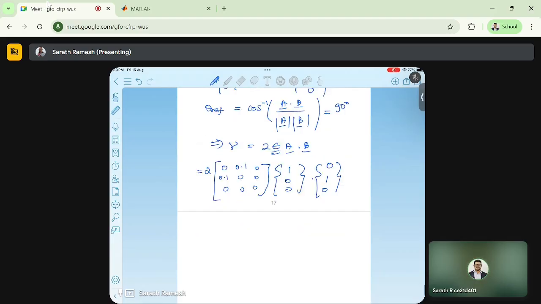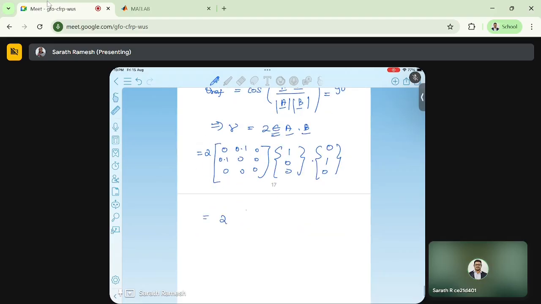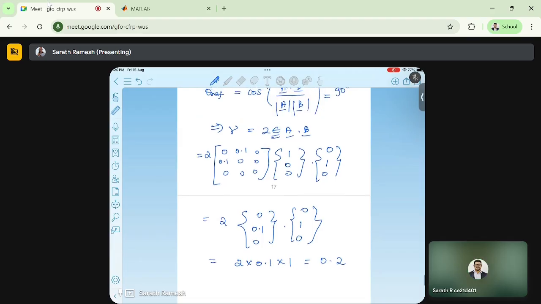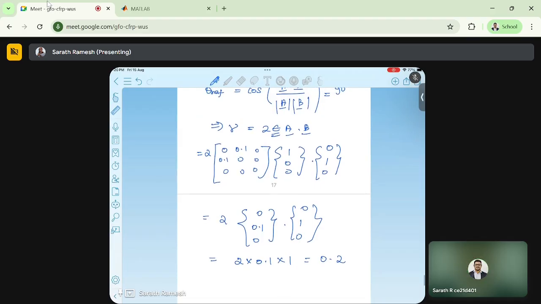Let's multiply. This is equal to 2 times the first column dotted with 0, 1, 0. Nothing but 2 into 0.1 into 1, which is 0.2. Okay. So this is 0.2.